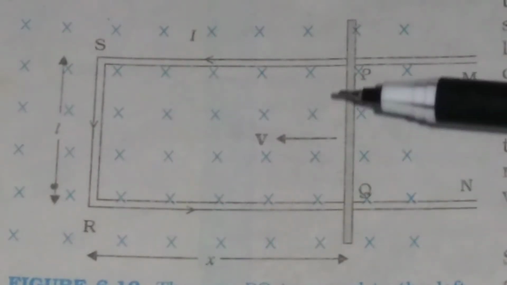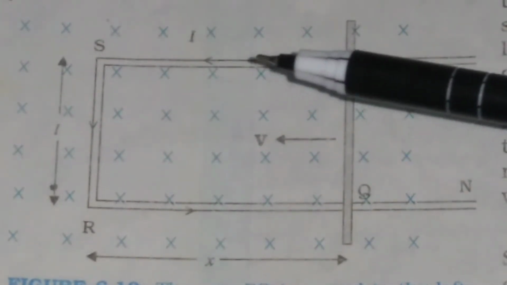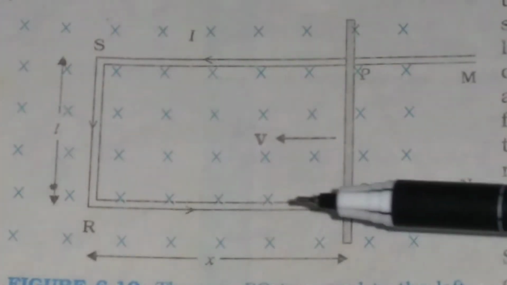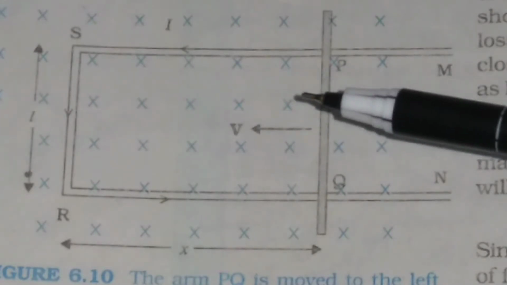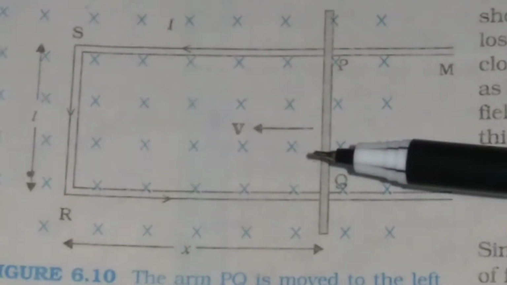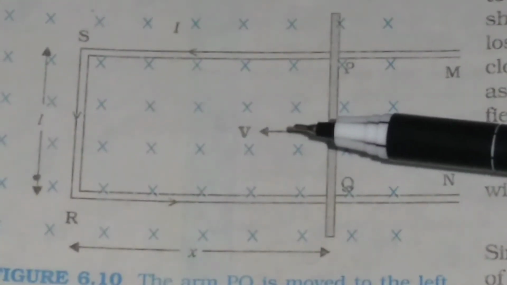Now we see this PQRS. This is a closed circuit whose area changes as PQ moves. As PQ moves towards this side, its area will change.